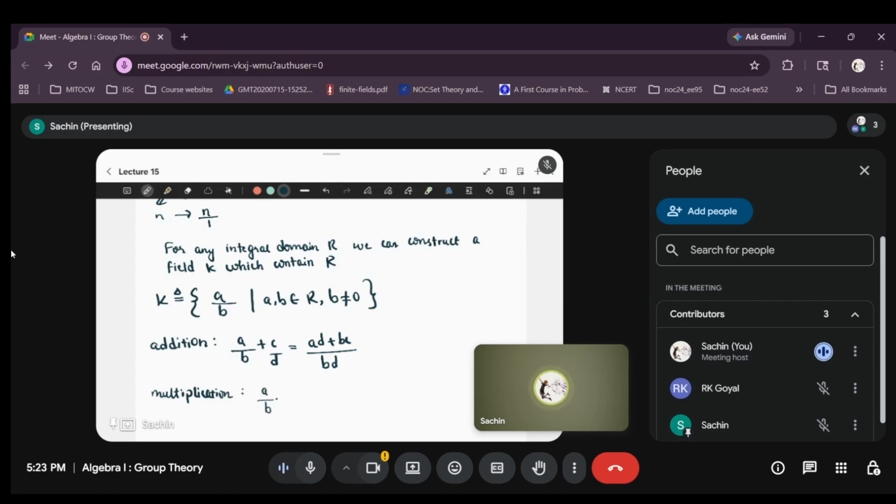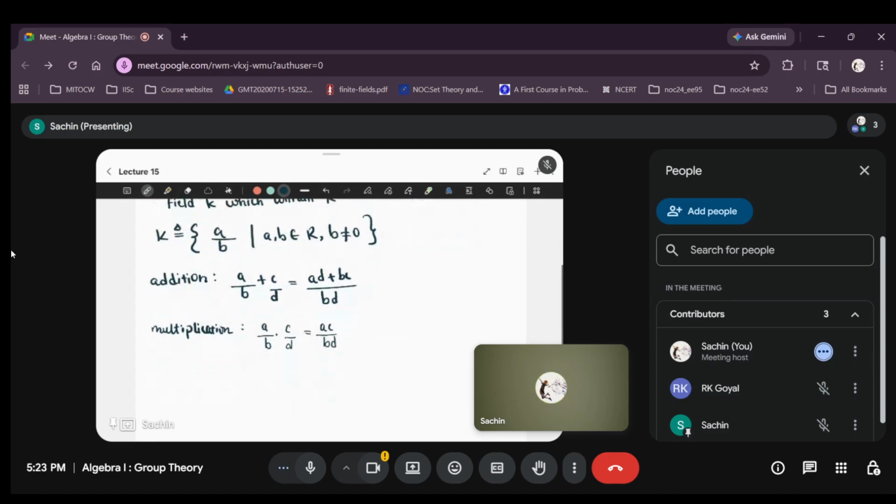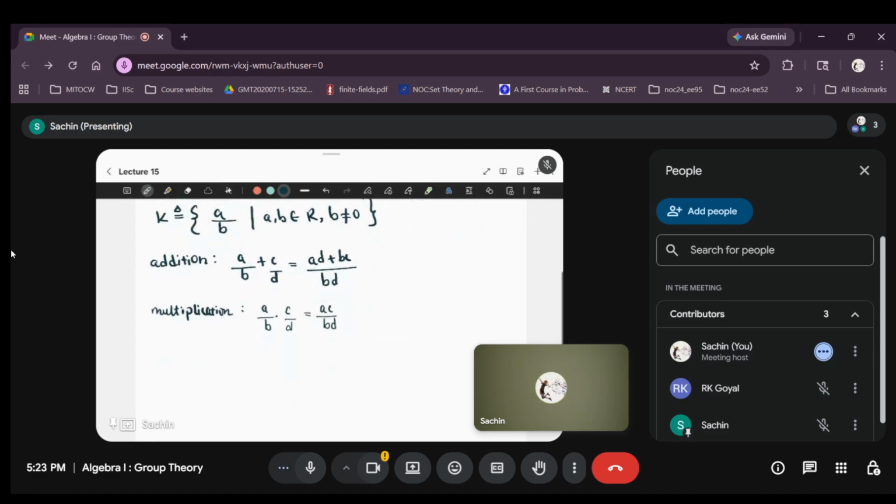Multiplication is defined as A by B times C by D is equal to AC by BD. Now there is one problem here. Can you identify what the problem could be? Just with the definition of addition and multiplication.